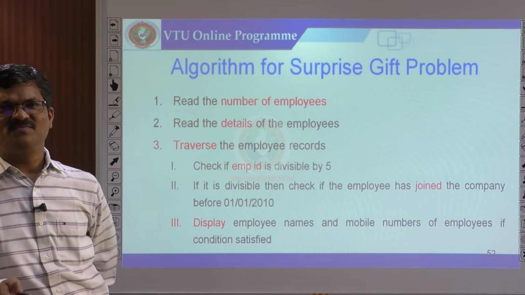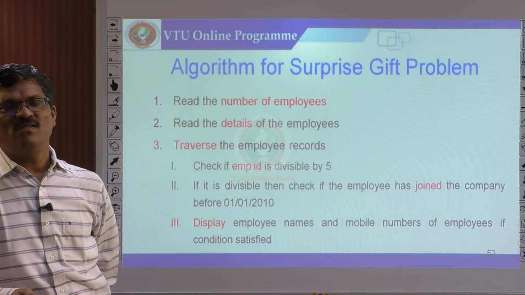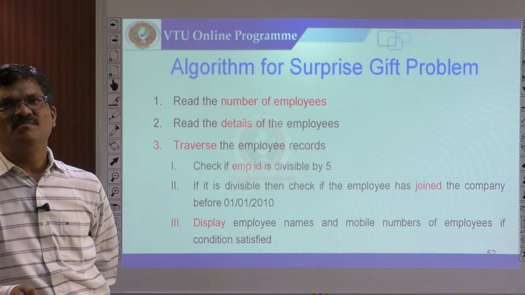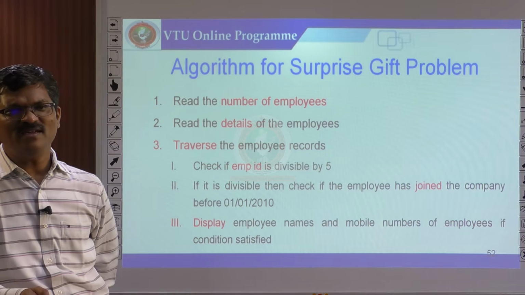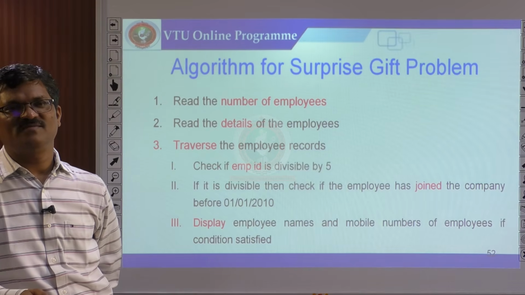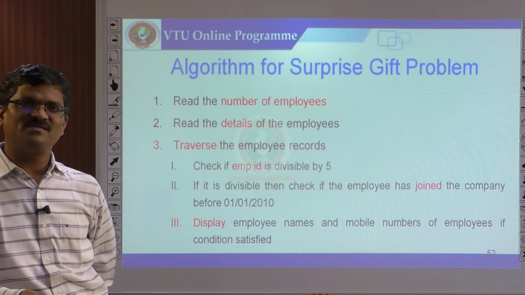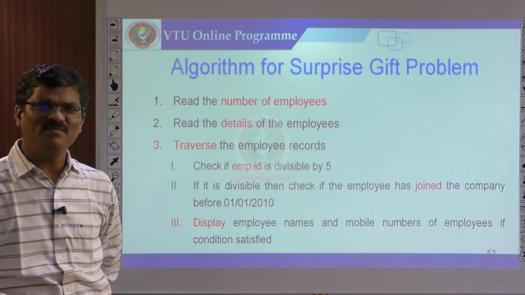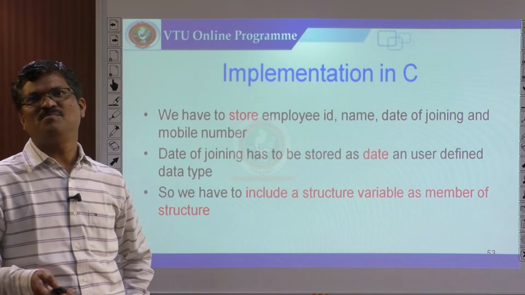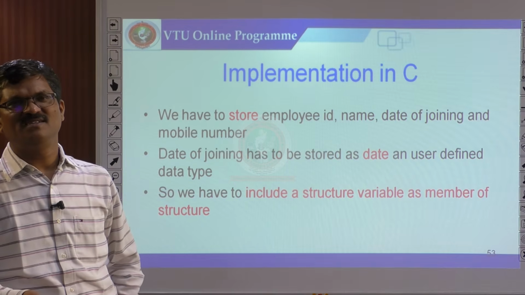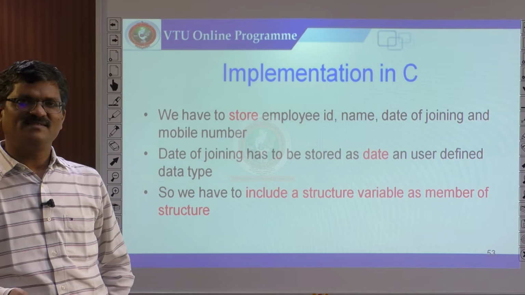Like this you traverse across all the employees to see who are meeting these constraints. Once you finish, you display the names of such employees along with their mobile numbers. So, this is a sample algorithm and you need to write C code for implementing the same. So, you do it.